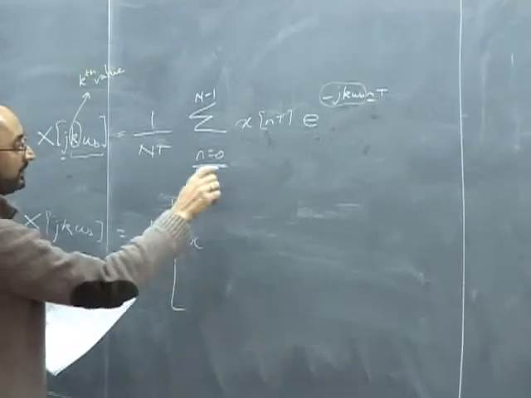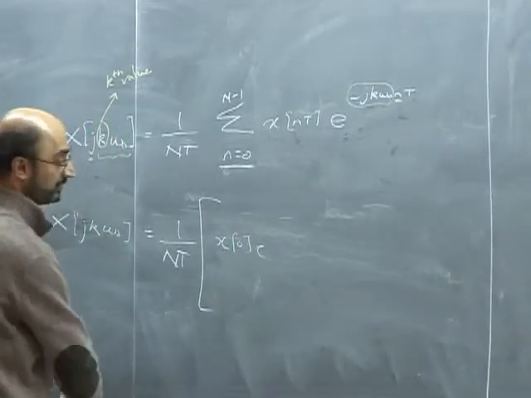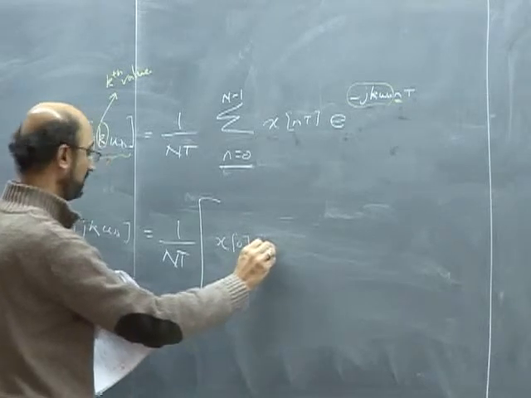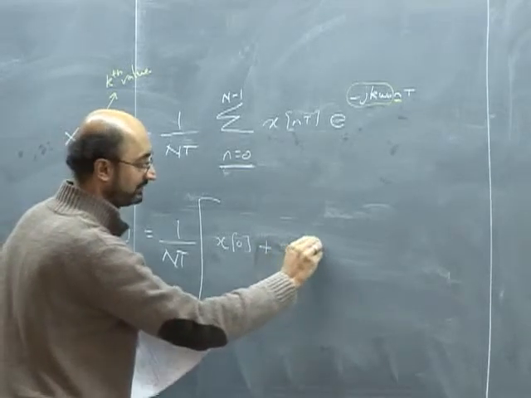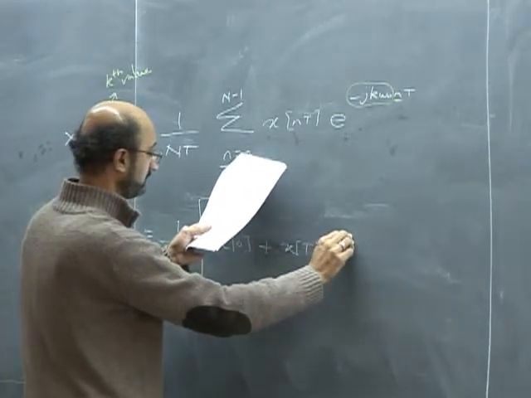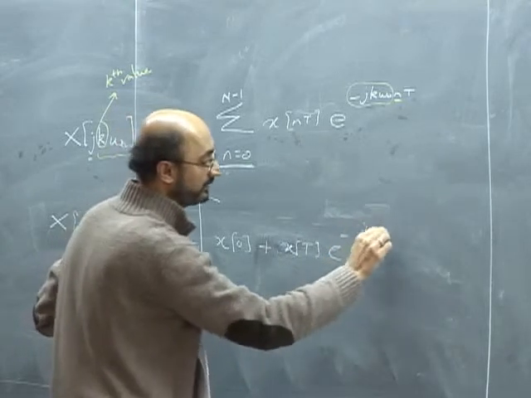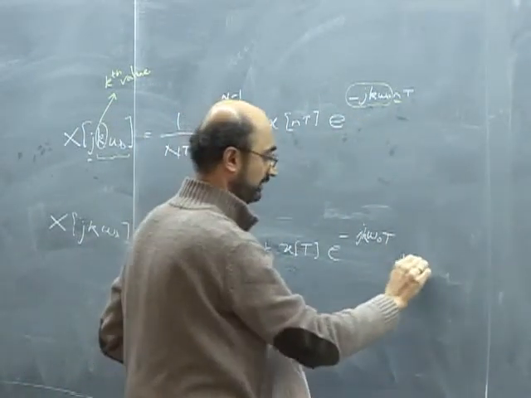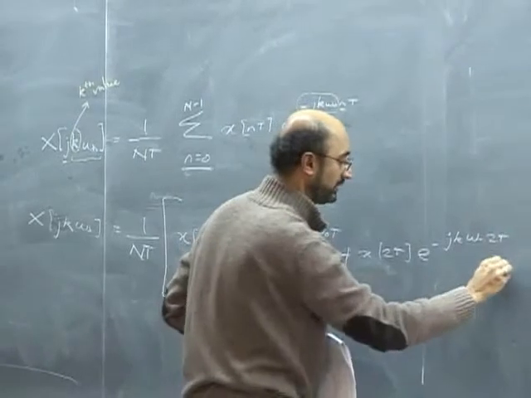It's going to be x0, e to the, so it's just going to be x0 actually, plus x1, small x of 1T, because it's 1T, e to the minus j k omega naught 1T, plus x of 2T, e to the minus j k omega naught 2T, plus and so on, right?